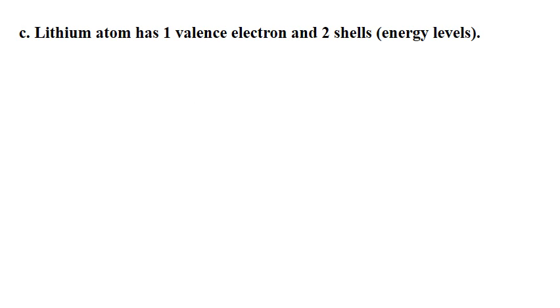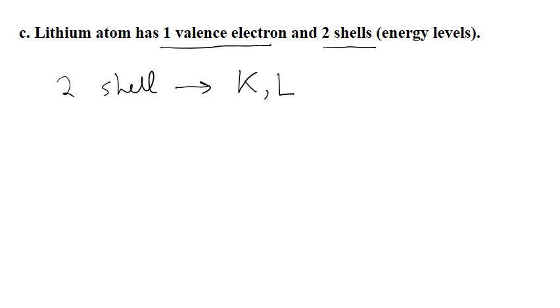Dana, part C, lithium atom has 1 valence electron. So it has 1 valence electron and 2 shells, which are the energy levels. So how can we write the electron configuration? If you have 2 shells, it's in row 2, and it has K, L energy levels, right?